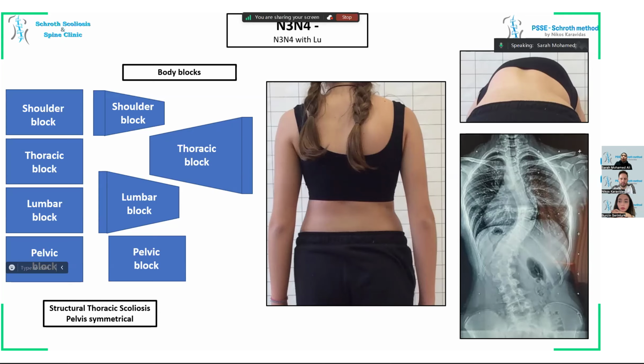This is for you to avoid future mistakes, to avoid getting into dilemmas, either to correct this or not to correct this, and to get the best possible correction from the beginning. So this curve type definitely will be non-3, non-4 minus. I cannot do overcorrection to my main curve, which is the thoracic, because I have now a significant lumbar curve that, if I did an overcorrection to my main curve, will definitely worsen.